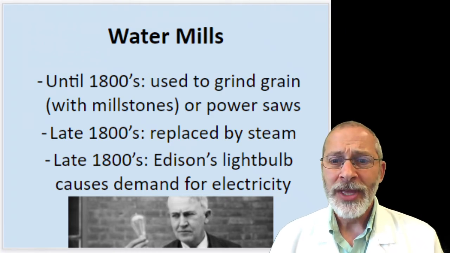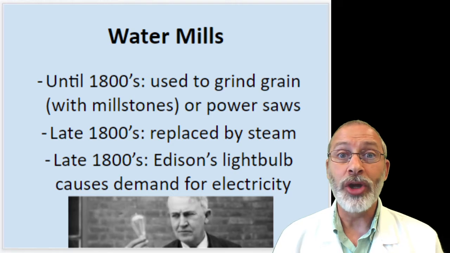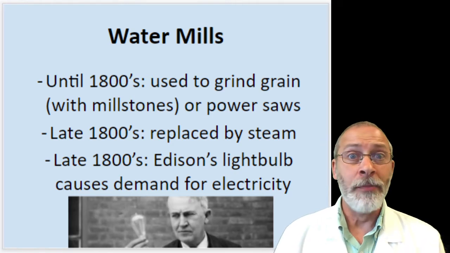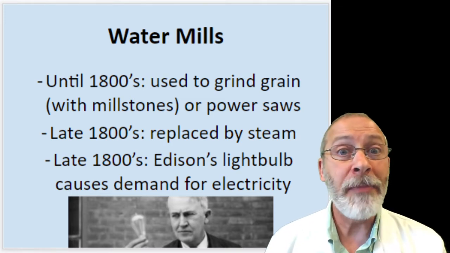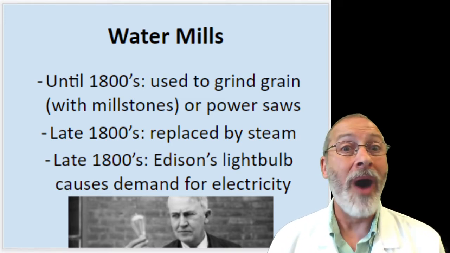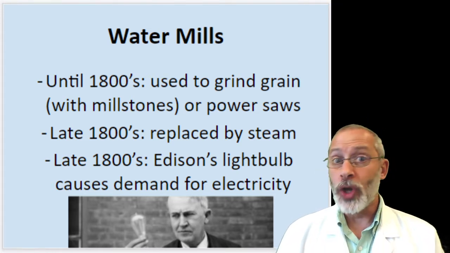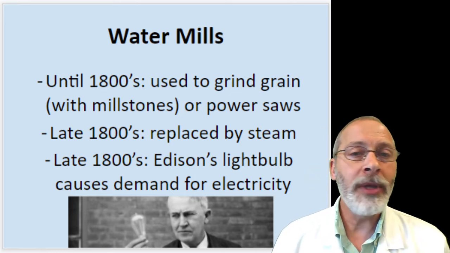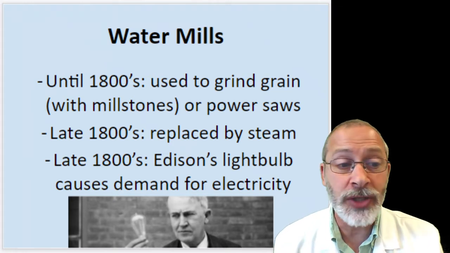And so we wanted to generate more electricity because there was a greater demand for electricity. The more people found out about these electric light bulbs, the more people wanted them. And the more people wanted them, well, they had to get electricity somehow. So we used windmills, we used water mills and converted them into power generating stations.